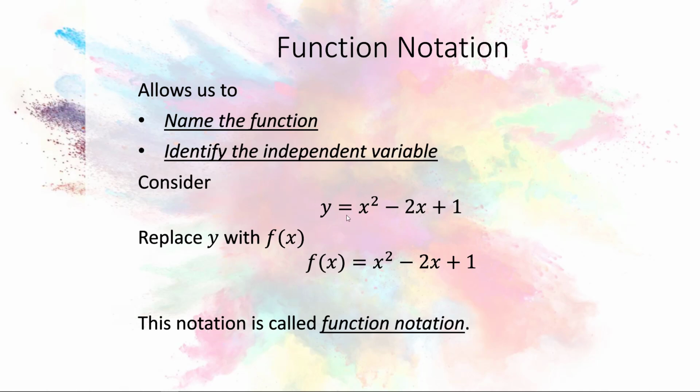It's a parabola. And to put this in function notation, we just simply replace y with f of x, where once again f is the name of the function and x specifies what the independent variable is. If there are other letters in here that aren't specified in here, well then those letters are basically parameters, not the independent variable. Now this is what we call function notation, and it can be read in a number of ways.